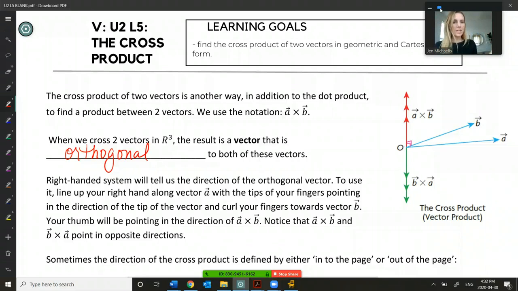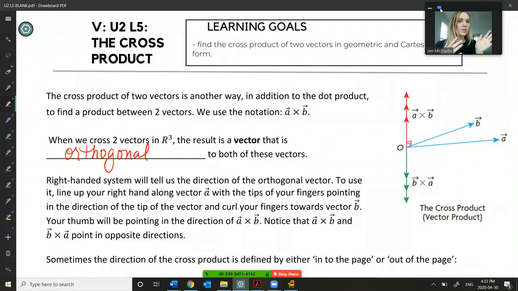So the goal here is to take your right hand, and we always want our right hand to line up with the first vector in the cross product, and the tip of your fingers needs to line up with the direction of the vector. So if your vector is kind of going off in this direction, the tips of my fingers will be this way. If your vector is going in this direction, I'll make sure the tips of my fingers are going that way.